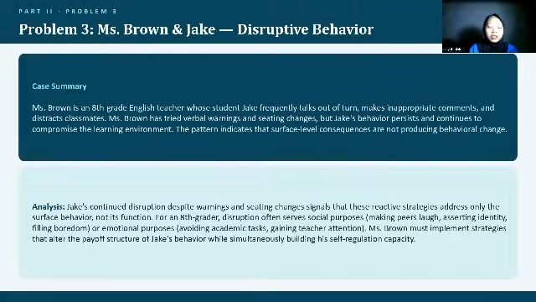Analysis. Jack's continued disruption despite warnings and seating changes signals that these reactive strategies address only the surface behavior, not its function.